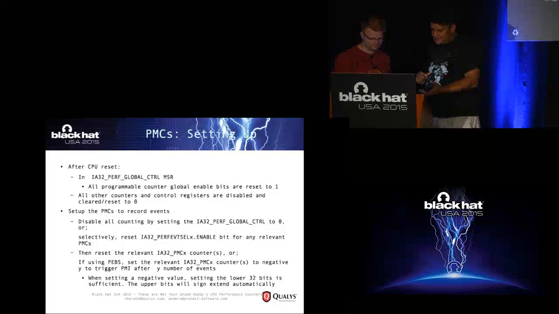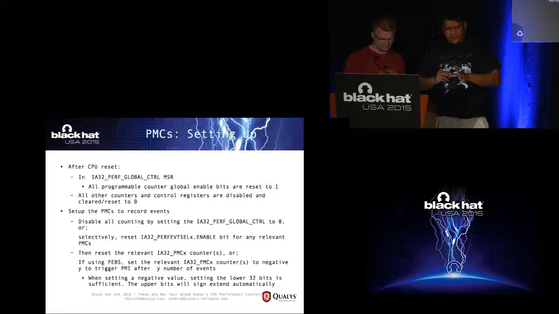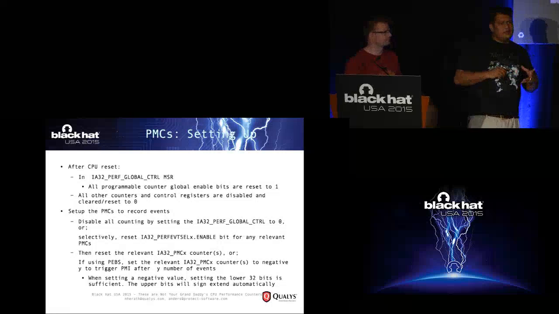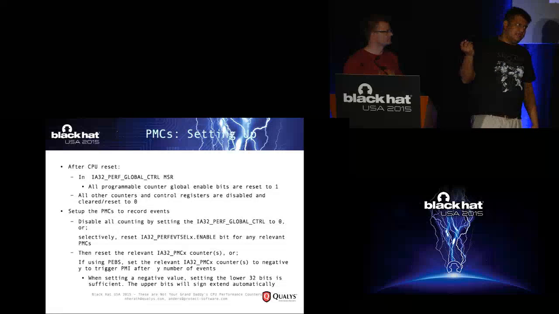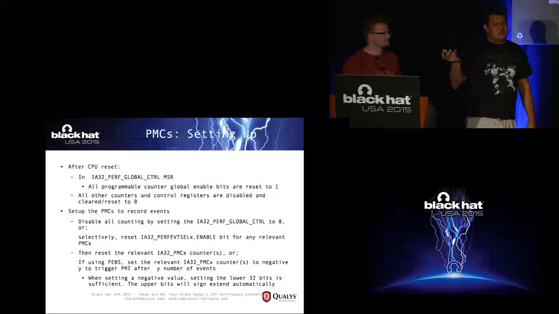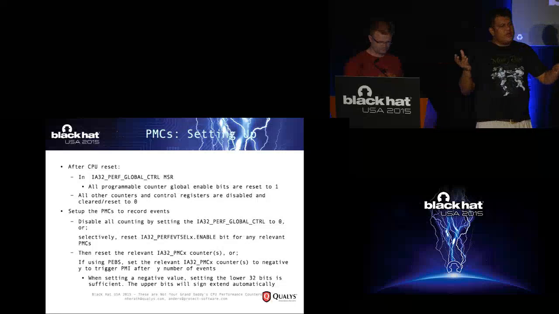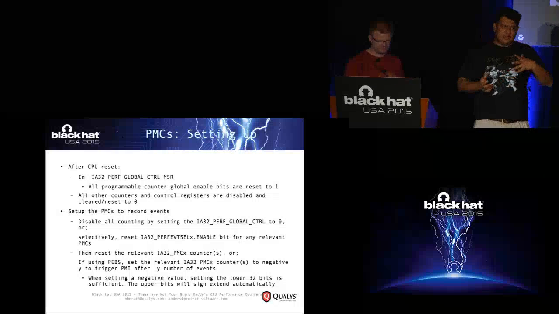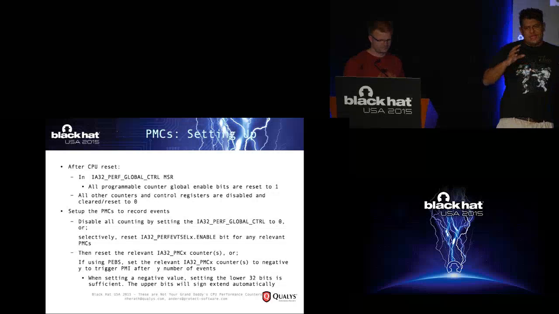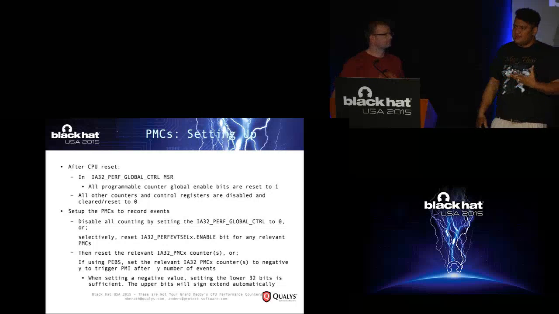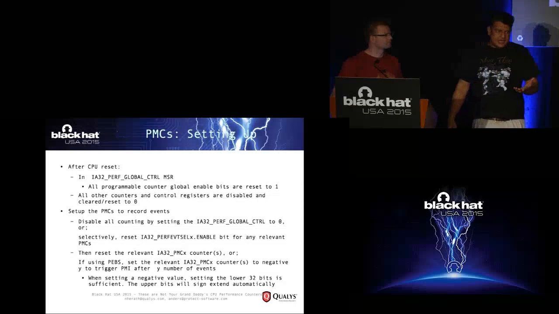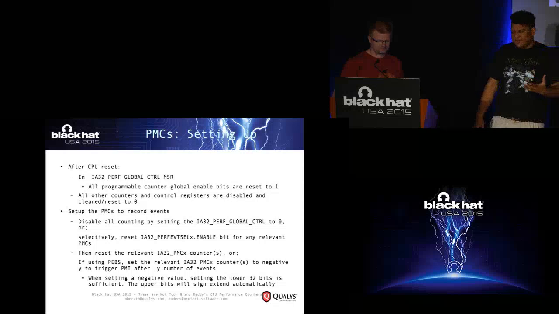And if you're using the method I was describing before, where the CPU is interrupted when a certain number of performance events have been generated, that is called PEBS, which is precision event-based sampling.